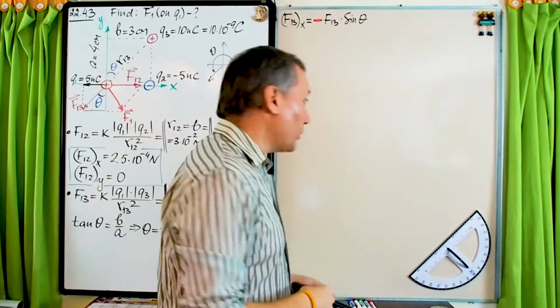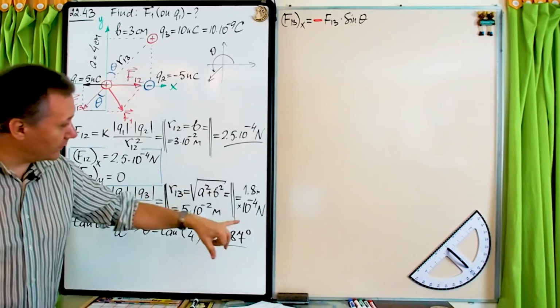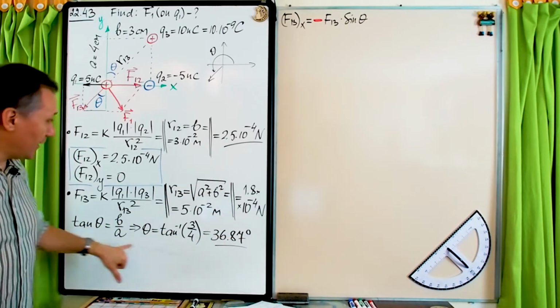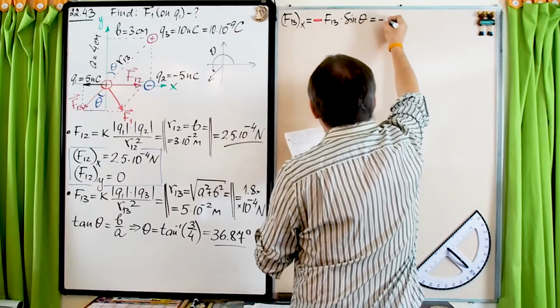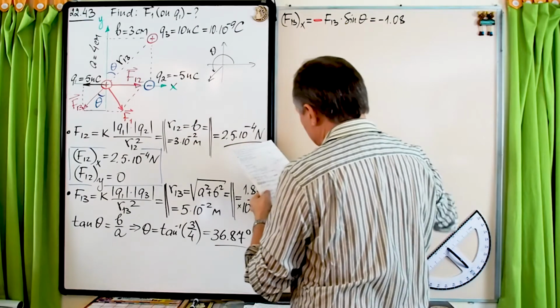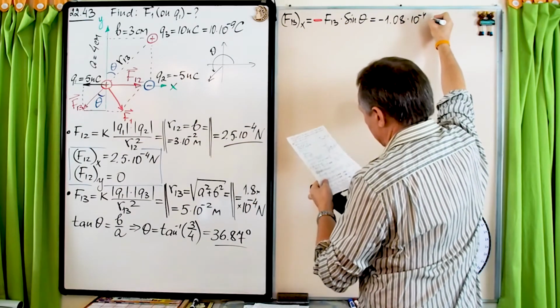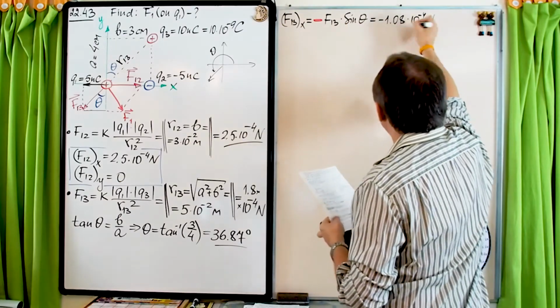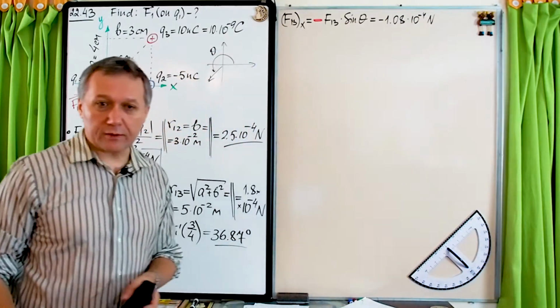Now, of course, you can plug in F13, which we found, and the angle we found. I use more sig figs, and at the end it's usually better to round it off: minus 1.08 times 10 to the power of minus 4 newtons.